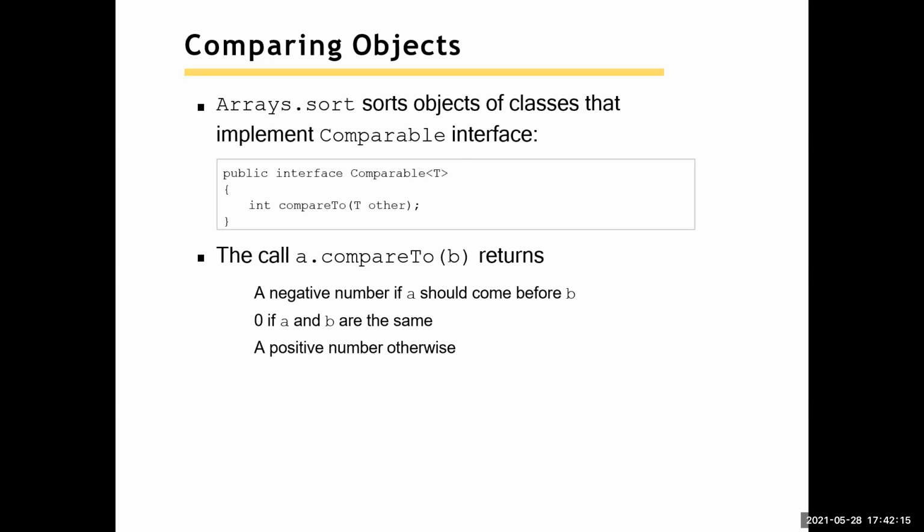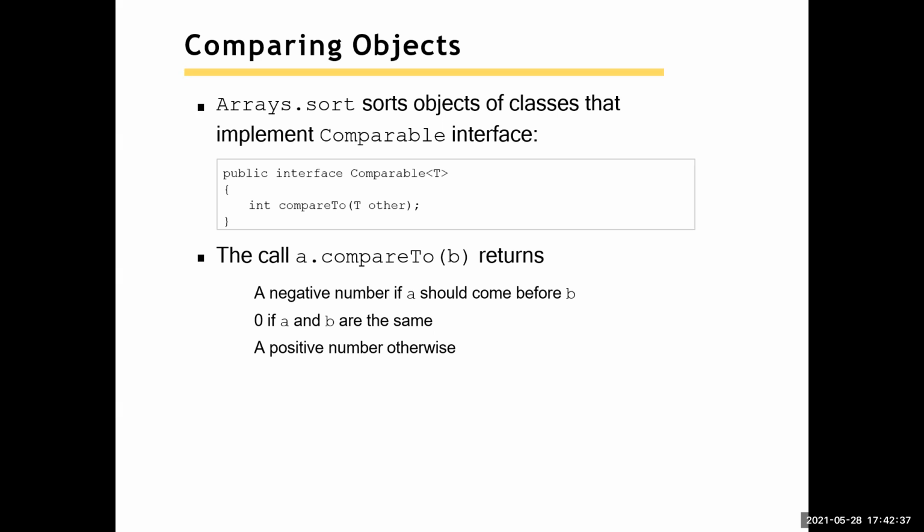If I don't have compareTo implemented and I'm going to call the sort method, remember, the default compareTo is going to do what? It's going to be comparing the addresses of the objects, not the values.